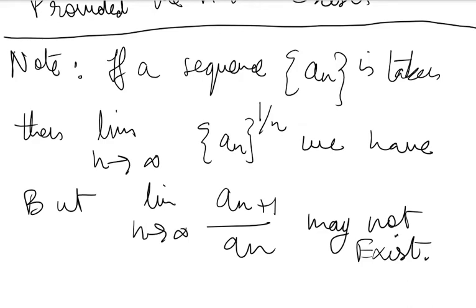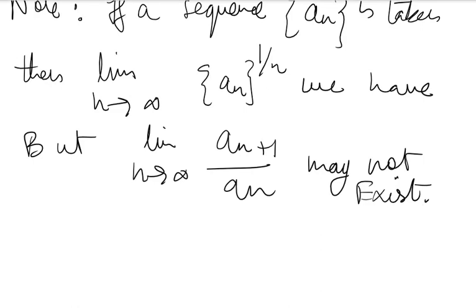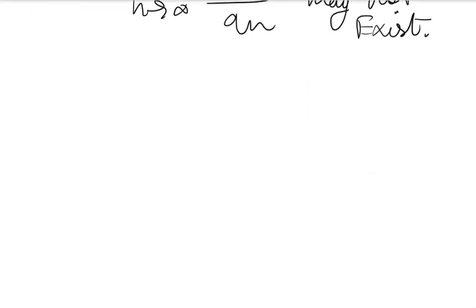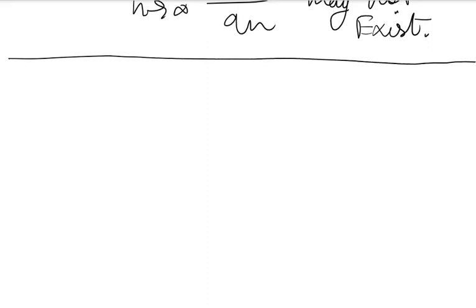That means the right hand limit may not exist, although the left hand part will exist. I have a very nice example to show you how this is happening, so concentrate.